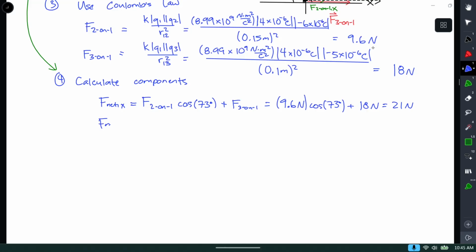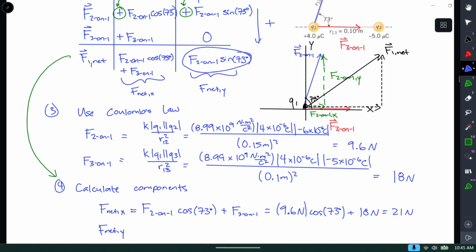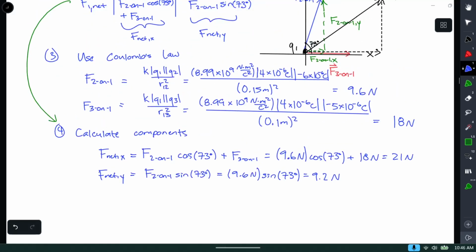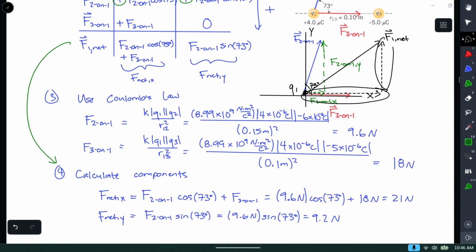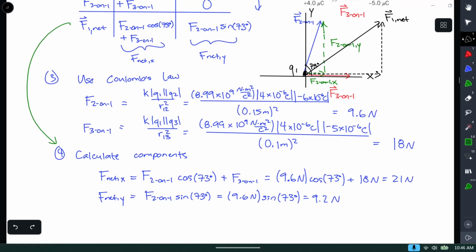And then in the y direction, we had F2 on 1 sine of 73. So 9.6 sine of 73, or about 9.2 newtons. And so now I've actually found the value for these two components. So the horizontal is about 21 newtons. The vertical is about 9.2.